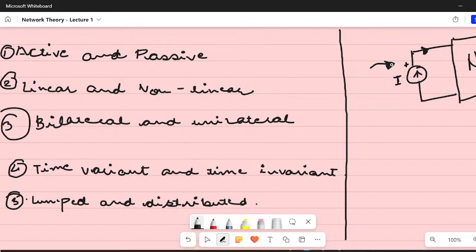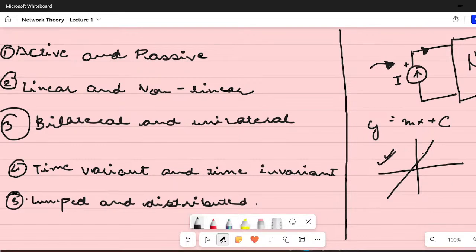Now talking about what are linear and non-linear elements, right? An element is said to be linear if its VI characteristics are straight and are passing through the origin. Otherwise, it is non-linear. Now we say the general equation of a straight line would be y equals mx plus c, right? But any element with characteristics shown as in this case will not be called a linear element.